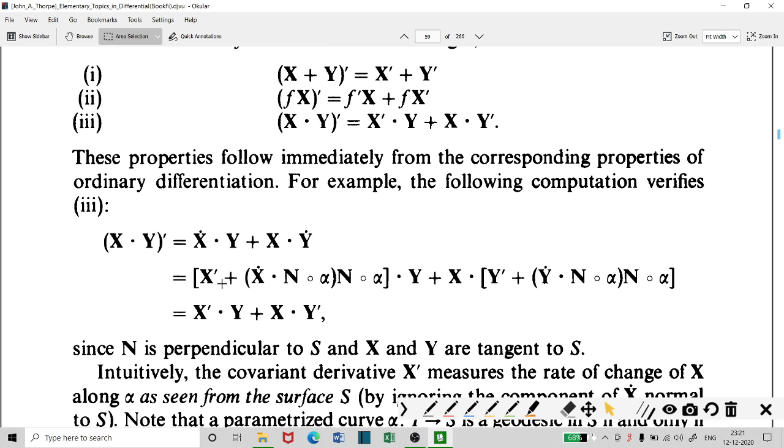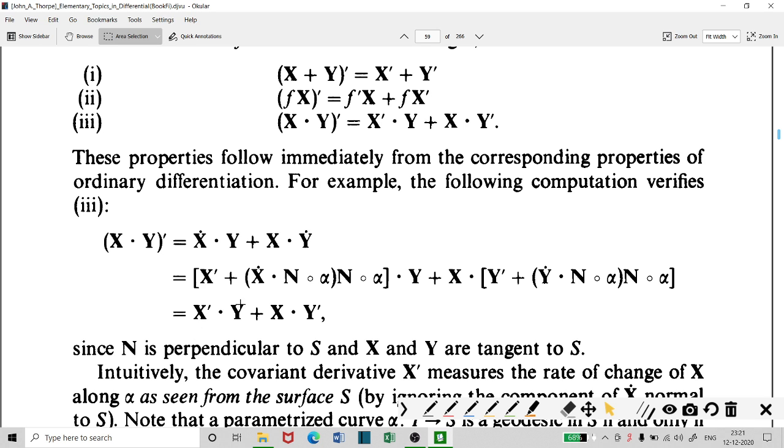So that leads to x prime dot y. Similarly, the second term is x dot n, with n the normal vector field and x tangential, so that one will be 0, and the remaining is x dot y prime. So the derivative of x dot y is the covariant derivative of x dot y plus x dot the covariant derivative of y. Okay, so this is the formula we expected.